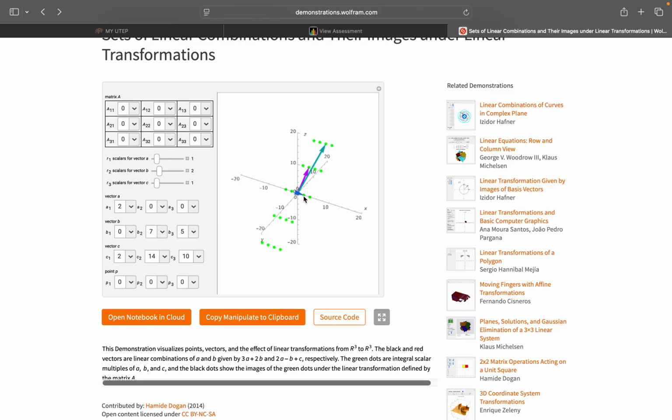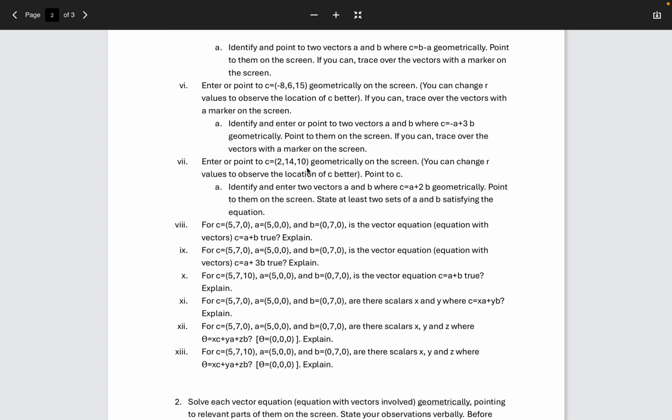So A would be just 1. So this is 2 right here. And then for our B, 2, 1, and 2. Sorry, 14. 2 will be 1 right here, 2, and then plus A. So it would end up at the C vector.